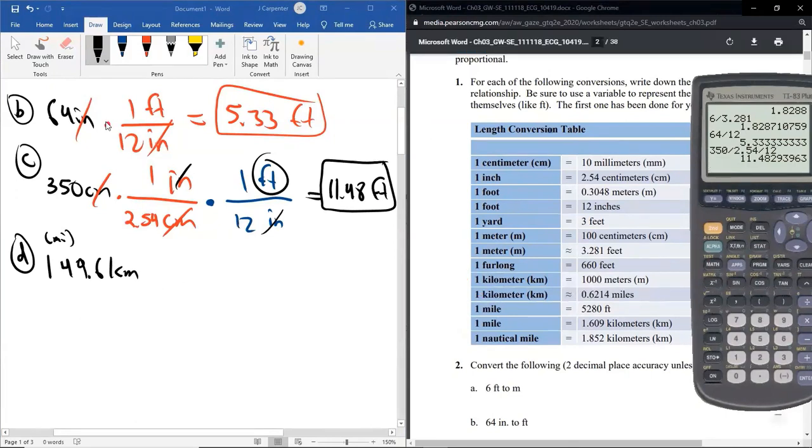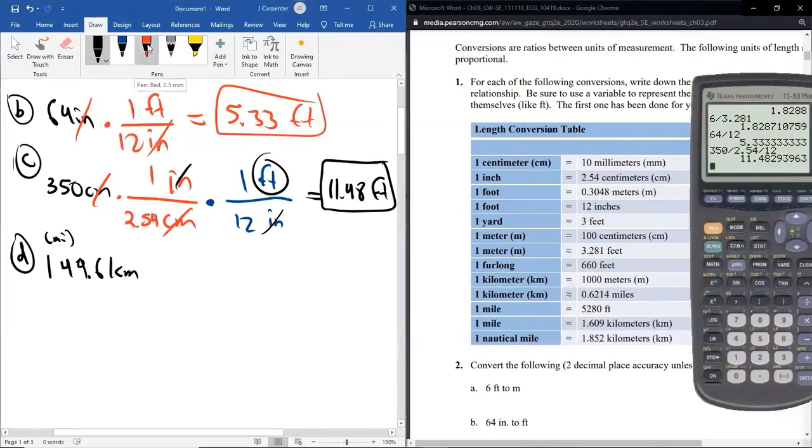If you don't believe me that they work both ways, do the other one. I know I hit red. So out with the old. Kilometers must go in the bottom even before looking at any of that stuff. We know we have a direct conversion to miles, so there we go. So I can go 1 kilometer in the bottom and the 0.6214 miles in the top.